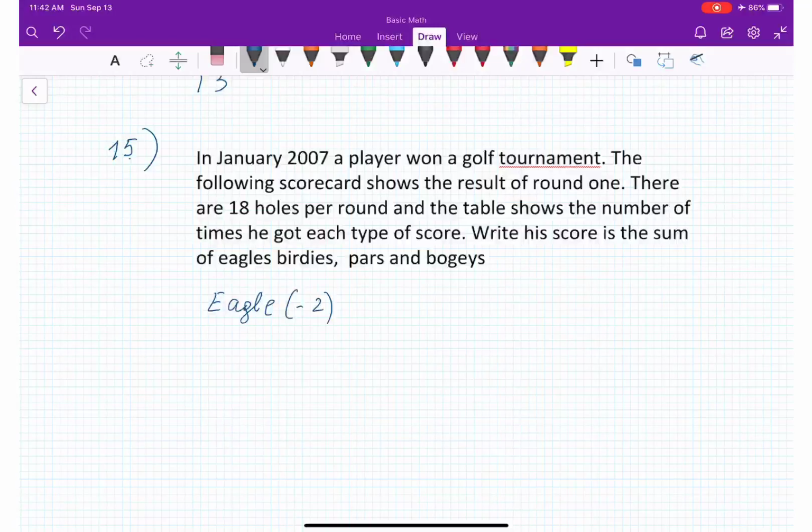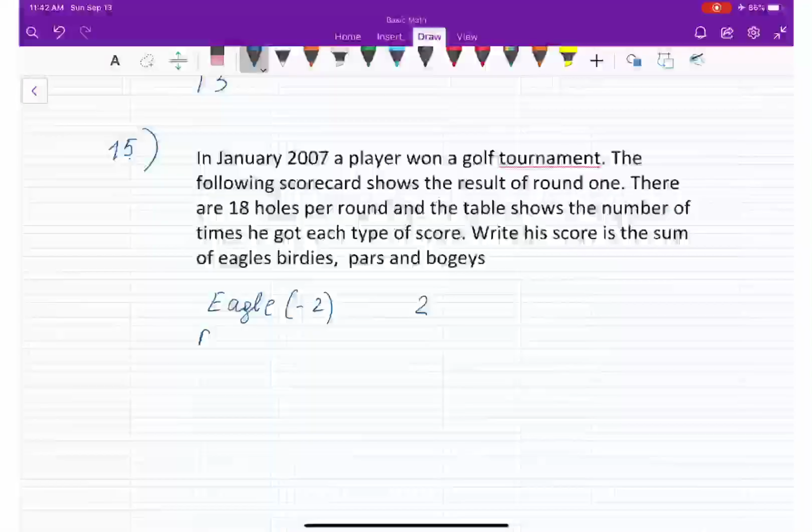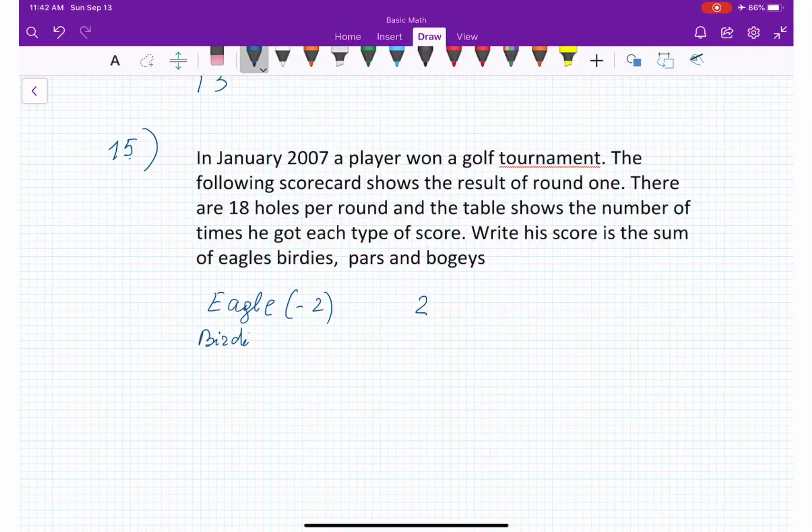Now for birdies, for the -1 score on the hole, the number of times the score occurred is 3.